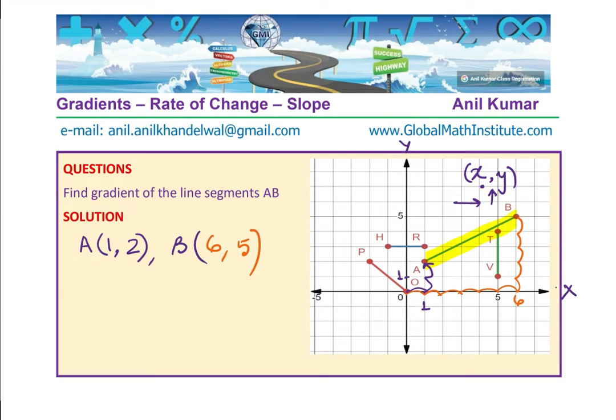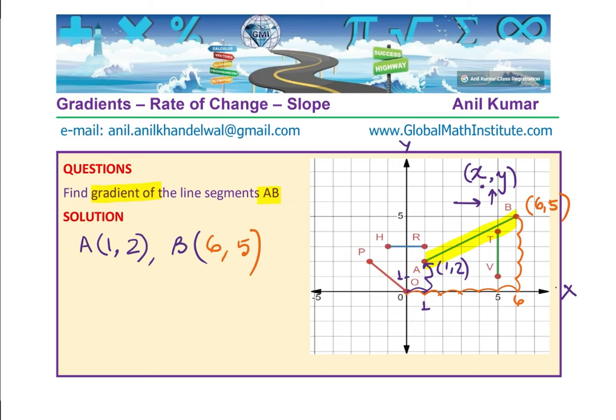Sometimes it is good practice to write them right there. So we can write 6, 5 here. Make sense? And let me write 1, 2 for coordinate point A. So we got these coordinate points and now we want to find the gradient or the slope of the line AB.